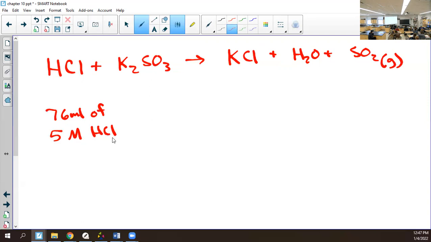You want to do 0.001 liters? 100 grams of K2SO3. Nope, it's done. 76 milliliters of hydrochloric acid.